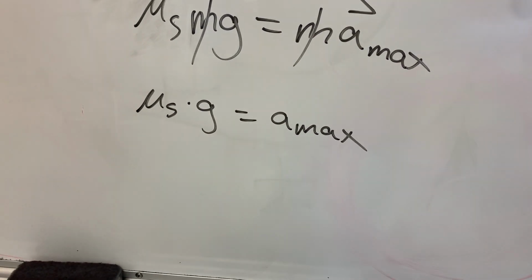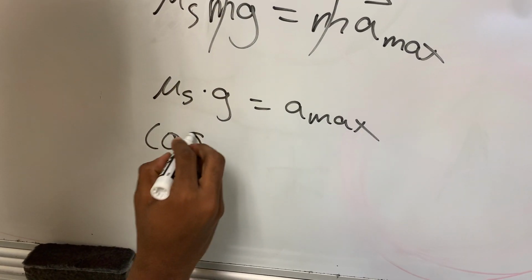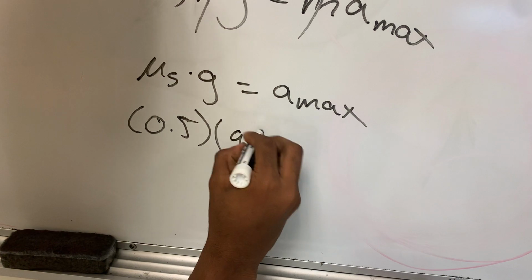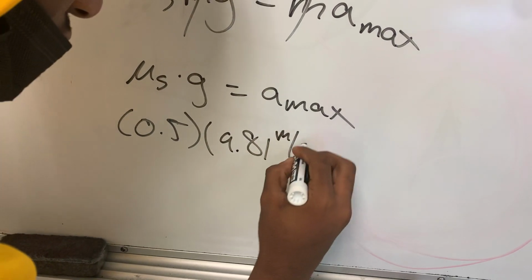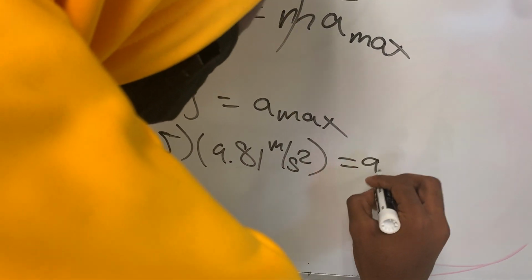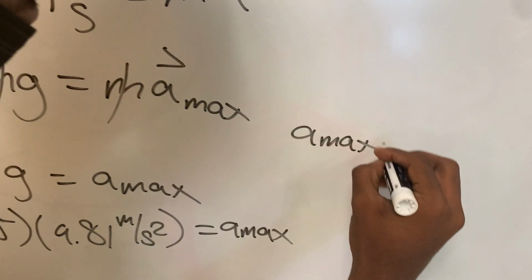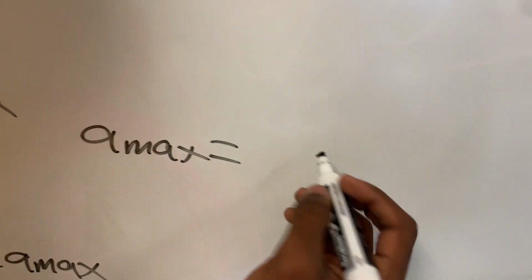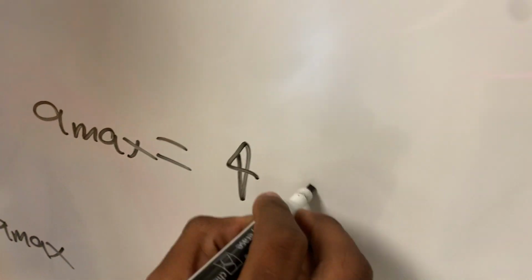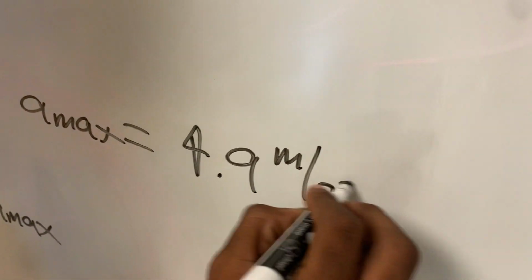Now you plug in: 0.5 times 9.81 meters per second squared equals a max, and then a max is going to be about 4.9 meters per second squared.